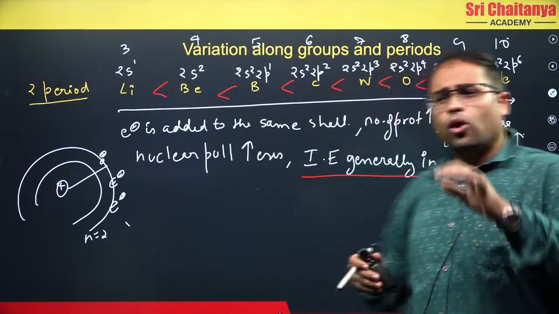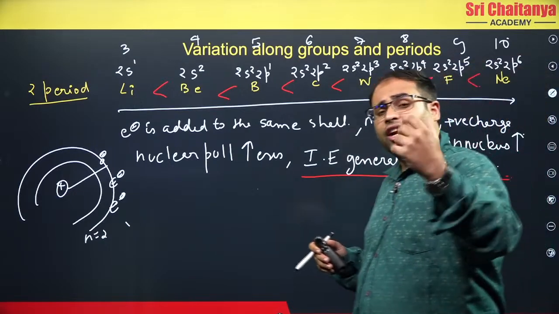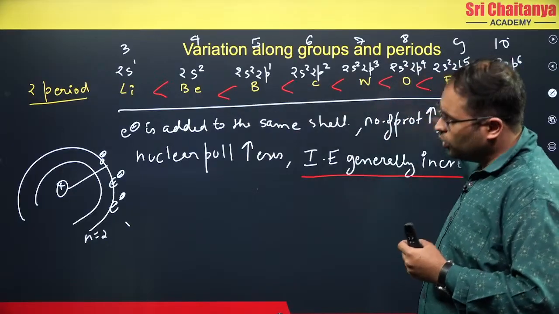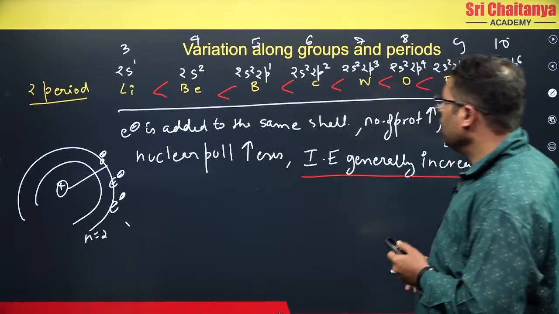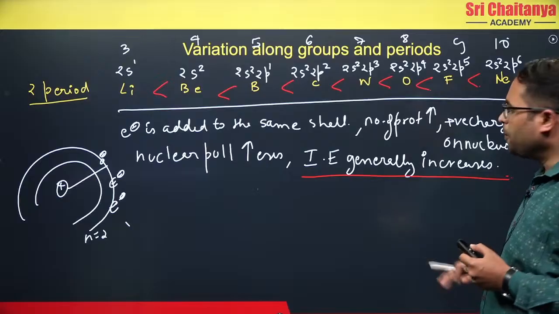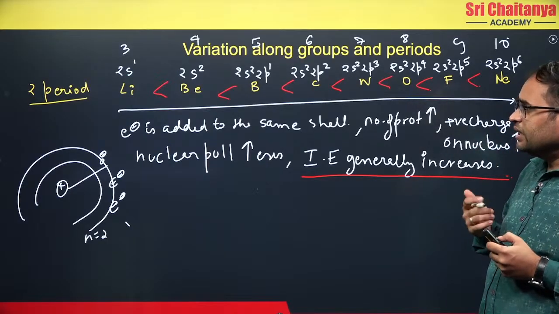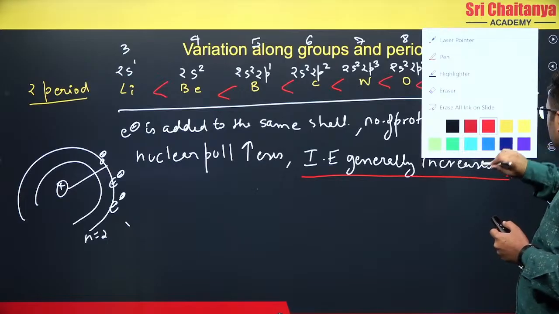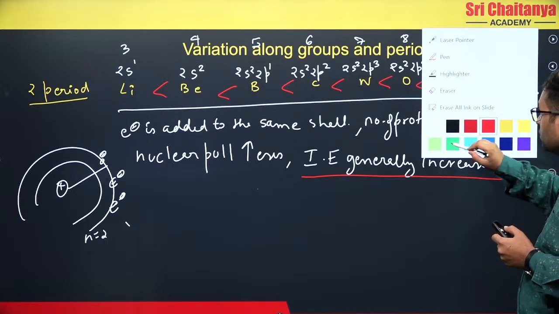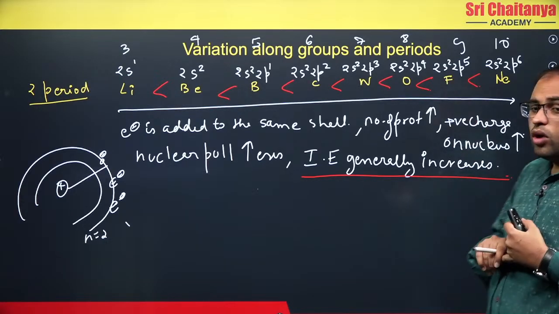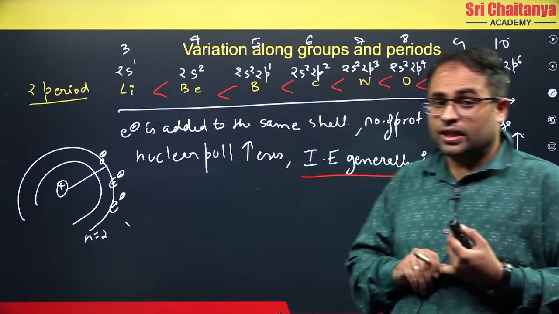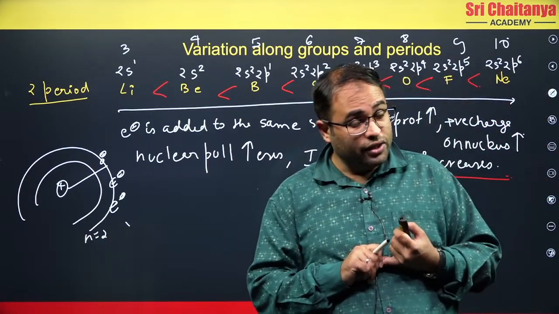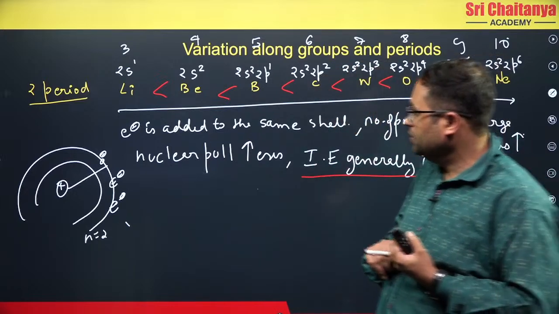So, as a matter of fact, if you are trying to find the ionization energy order, my suggestion would be first follow this kind of a principle and logic. After this, you have to do something else also. Let me take one more color. Now, after you have done this, notice the configurations which are either fully filled or are half filled.